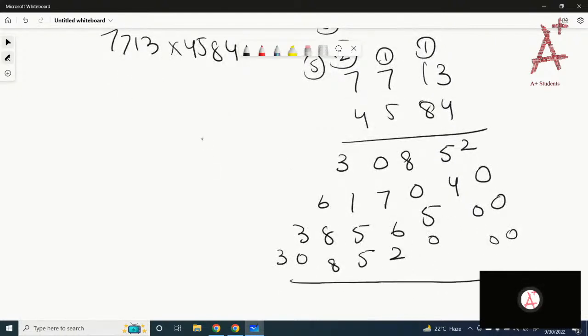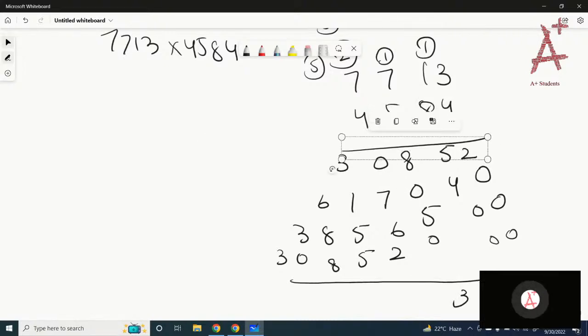So just add all the numbers. 2, 5 and 4 is 9. 8 and 5 is 13. Write the 3 and carry the 1. So you have 7 and 1, 8 and 6, 14, and the one over here, and 2, 16. So write a 6 and carry 1.